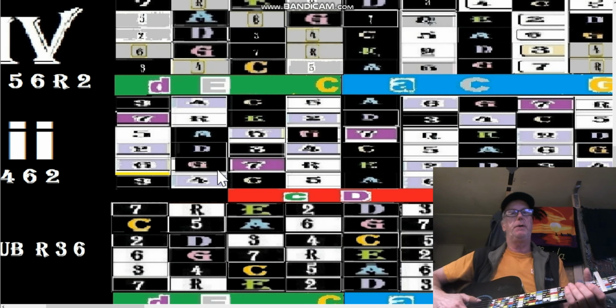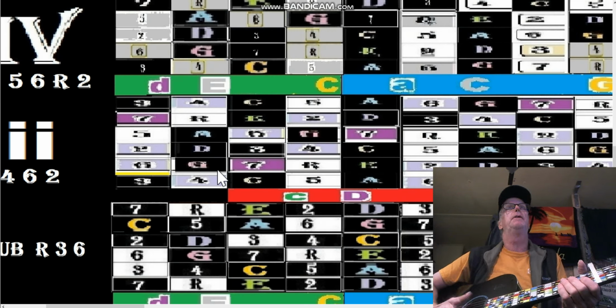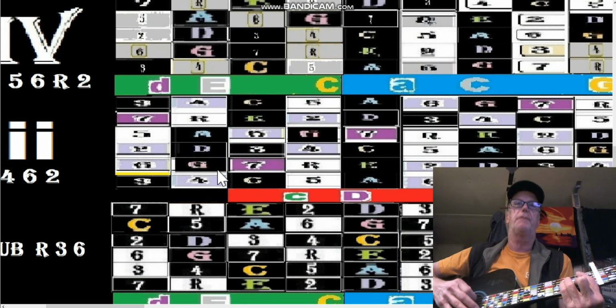An easy way to find the relative minor of the 4th is what? I have an easy rule for the 5th. I don't have an easy rule for the 4th. You simply go to the 4th shape, so it would be F in this case, the E-shaped F.